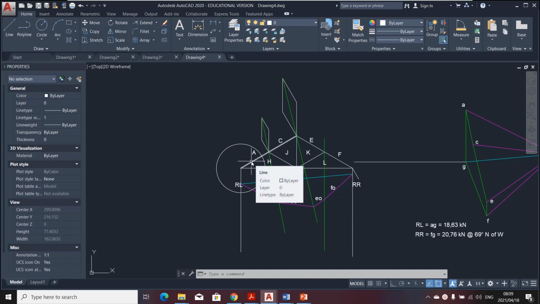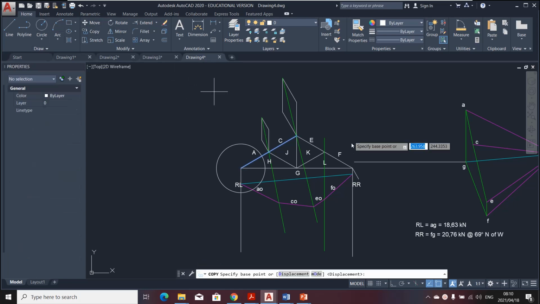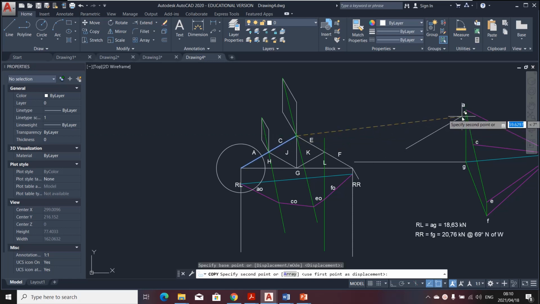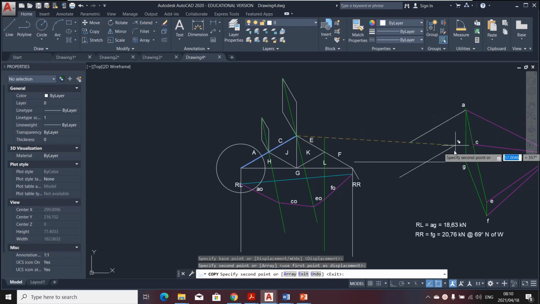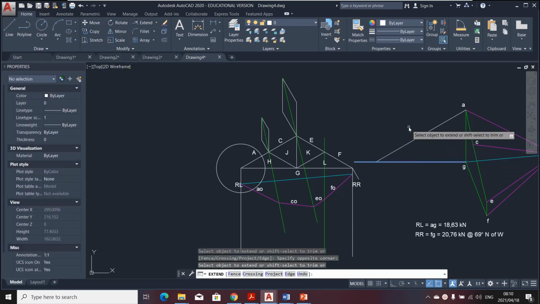If you want, you can just measure the angle of 30 degrees from the horizontal line and then draw it. Just because my frame is drawn at the correct angle, I can just offset. I'm going to take A there, and then extend this line.